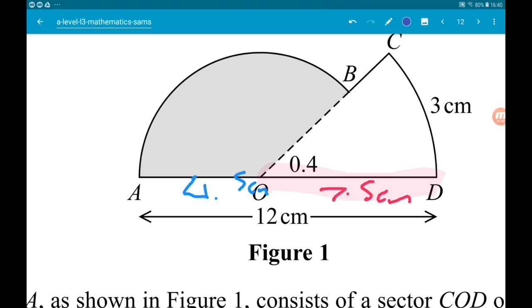So that means this angle is pi minus 0.4.